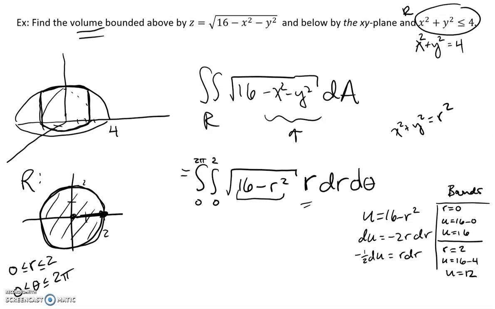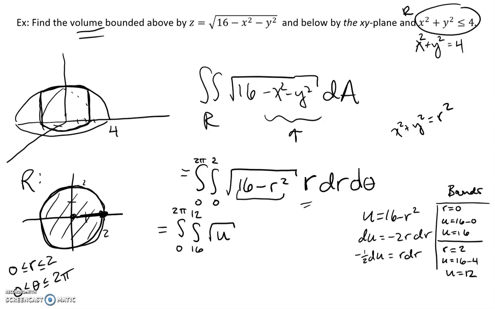12! So putting all that back in then, we're going to see the integral from 0 to 2 pi times the integral from 16 to 12. Remember to keep those bounds in their correct places. Of the square root of u.